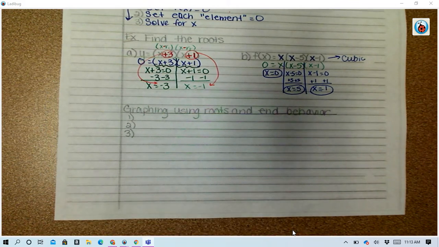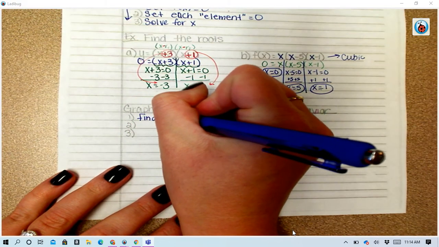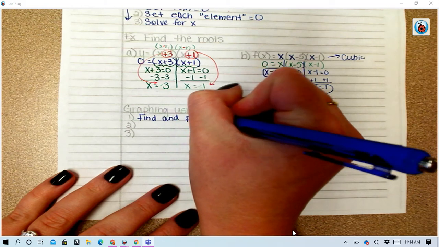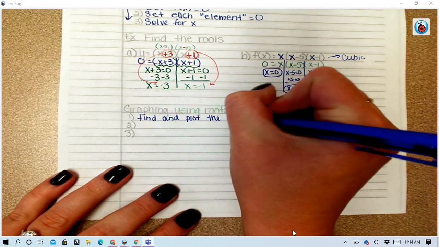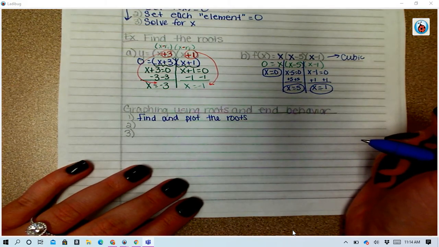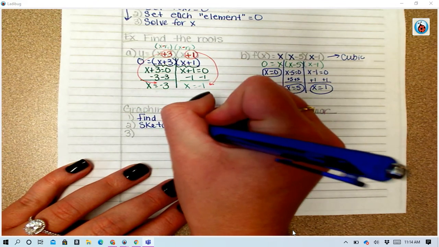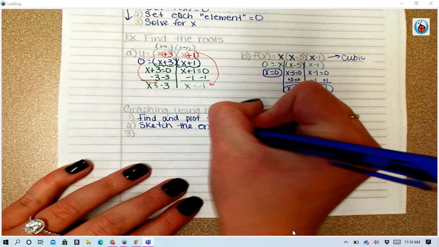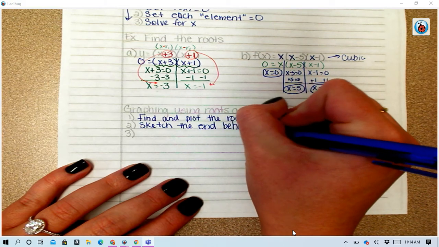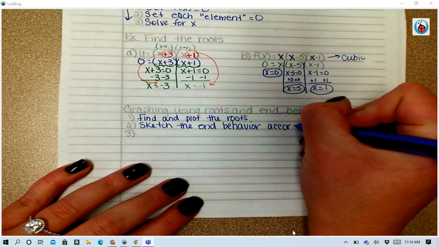Now we're going to graph on the other page using roots and end behavior. So the first thing you have to do is find and plot your roots. Then we're going to sketch the end behavior according to your a value.